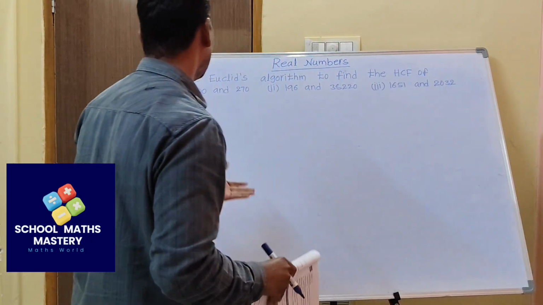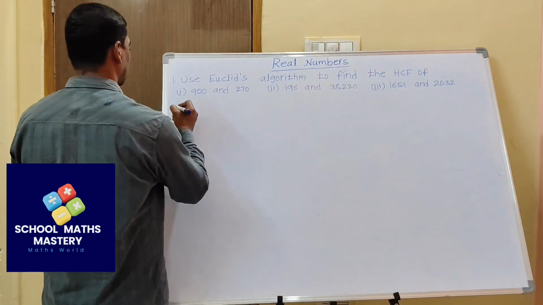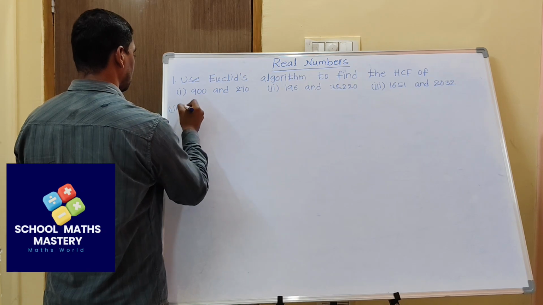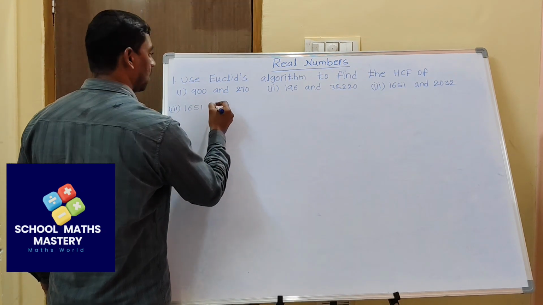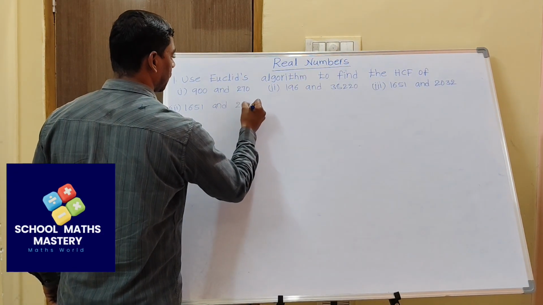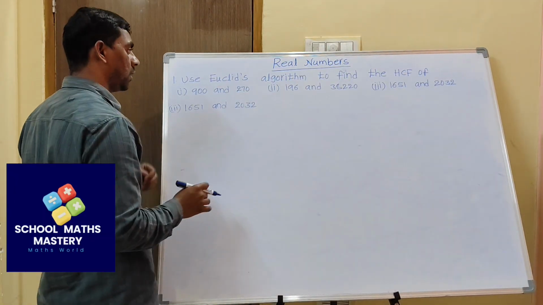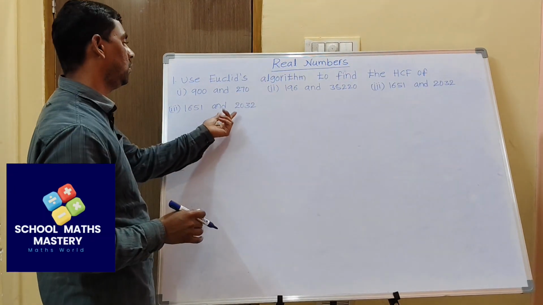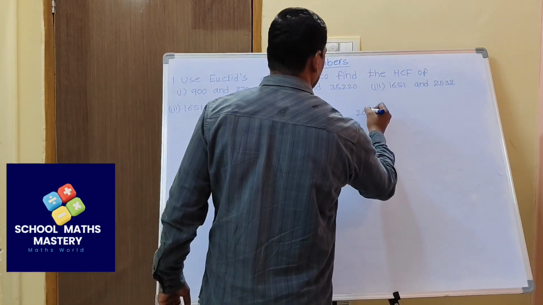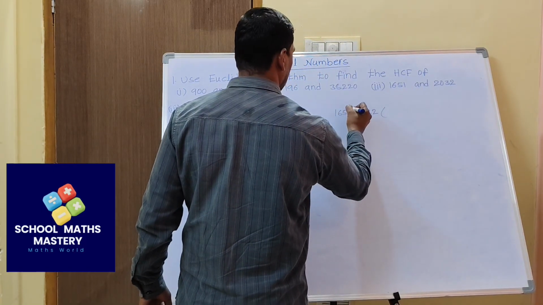Okay, now we are going to the third one, 1651 and 2032. Use Euclid's algorithm to find the HCF of 1651 and 2032. 2032, this is the dividend. 1651, this is the divisor.